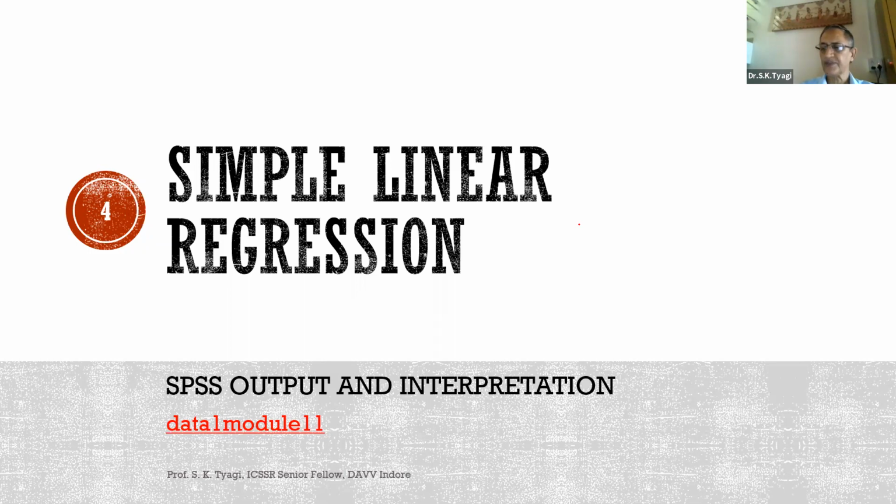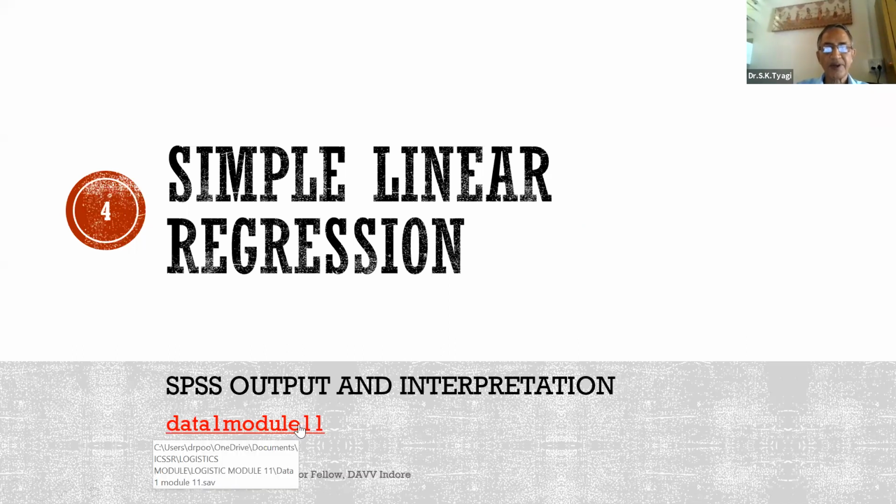This example is a fictitious, hypothetical example, which I took yesterday. Yesterday we calculated everything manually: the regression coefficient, the regression equation, the regression sum of squares, the residual sum of squares, total sum of squares, R square, adjusted R square. And yesterday I also demonstrated it through SPSS.